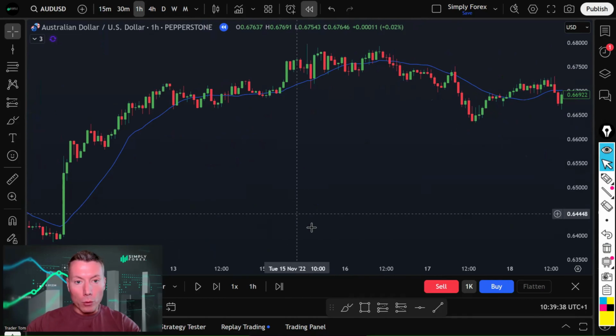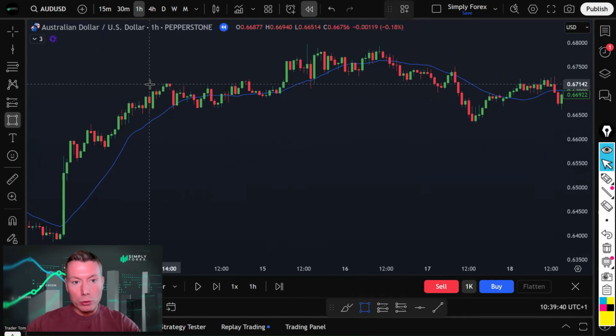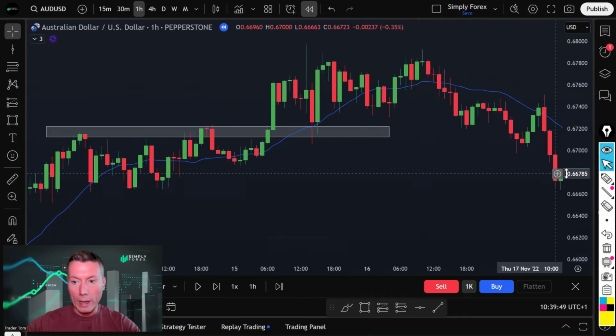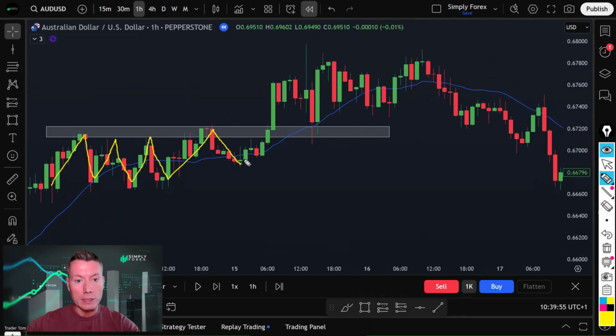Now, what I'm looking for is this. If I just show you this level through here, I am looking for a piece of price action where I see price creating a level. You can clearly see this has become good resistance.